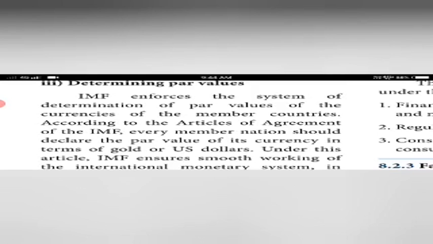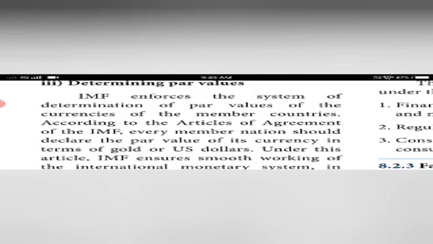The par value of member countries should not go beyond the upper limit or below the lower limit. This is controlled by the IMF, which keenly watches the par values of the currencies of the member countries.